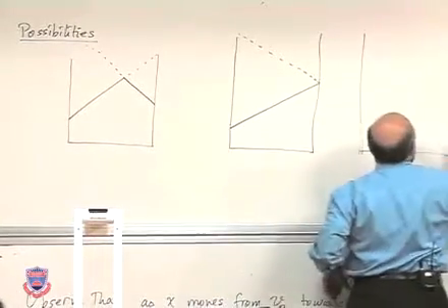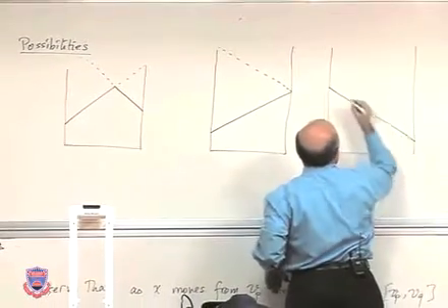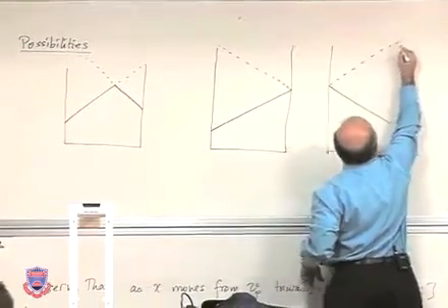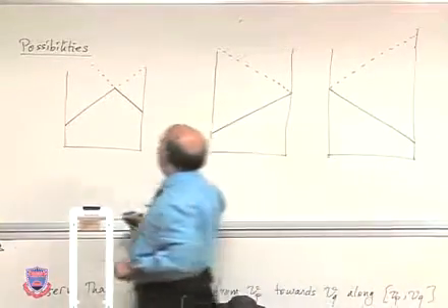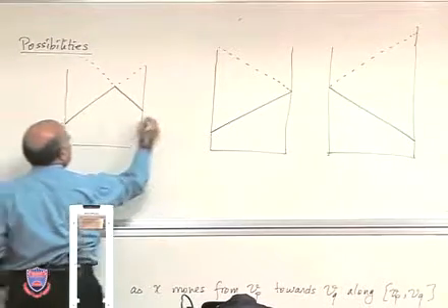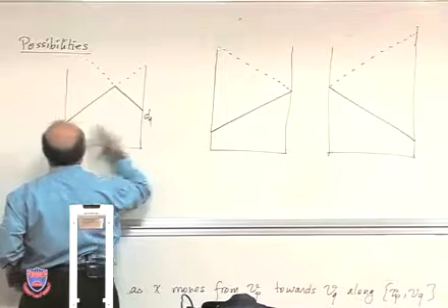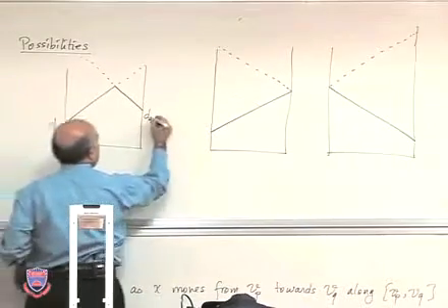The third possibility is the following. Like this. Now this value is dpi, this one is dqi.